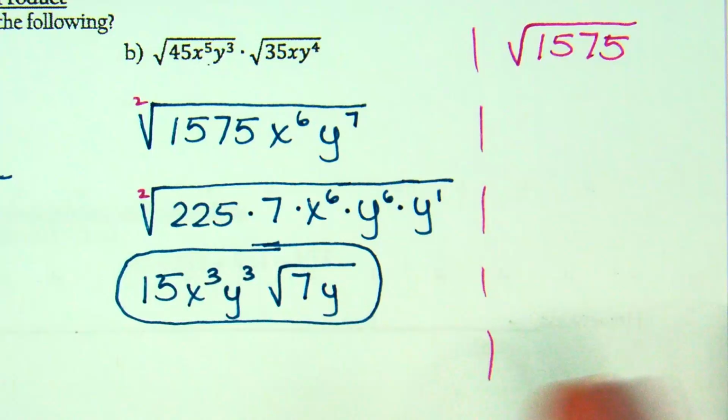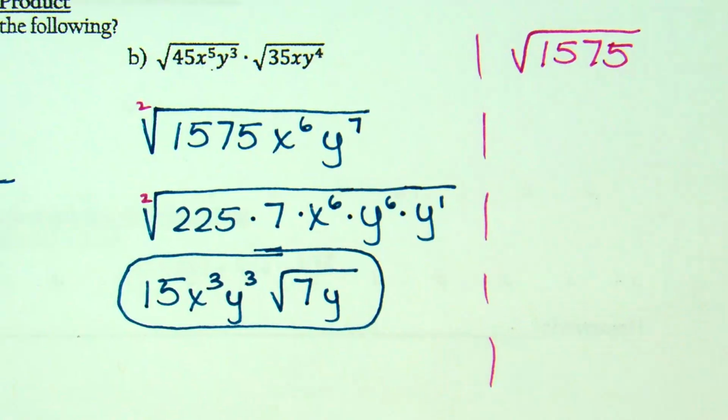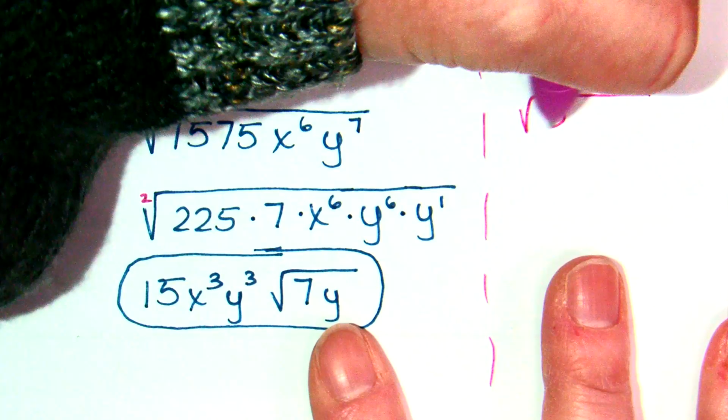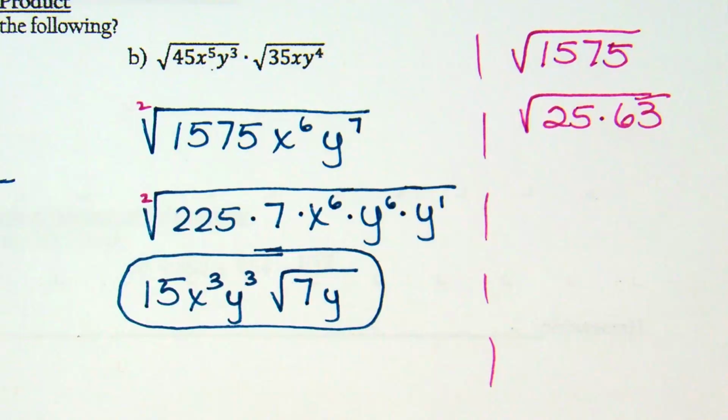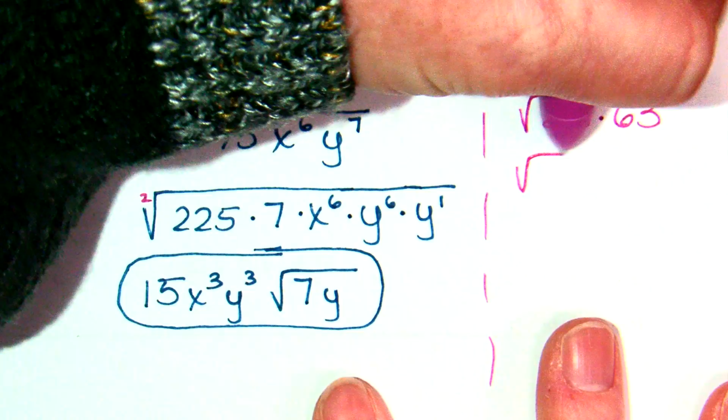But what if, instead of finding 225, you used 25? Then you would have had 25 times 63, I believe. Okay, here's my deal. 25 is a perfect square, but what do I know about 63? There's a perfect square in it. So what I would suggest, you can go back and look for a bigger one, or we can keep going. 25 is a perfect square.